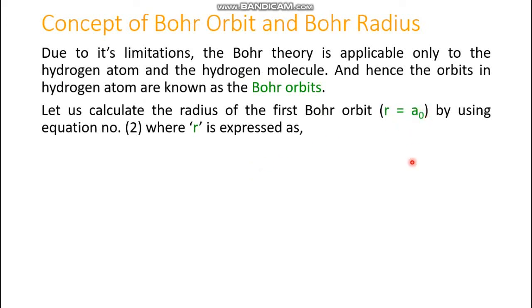Now we have to use equation number 2 here, where the expression of r is n squared h squared by epsilon 0 over pi m Z e squared.